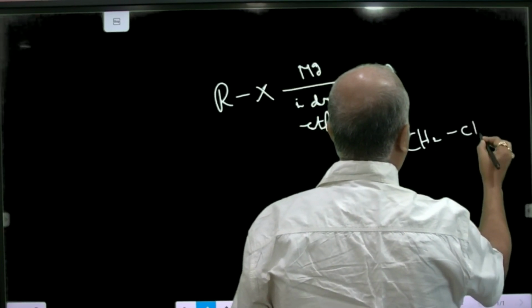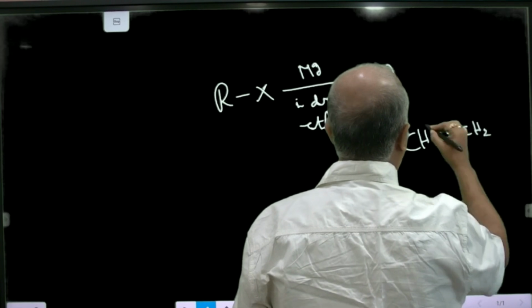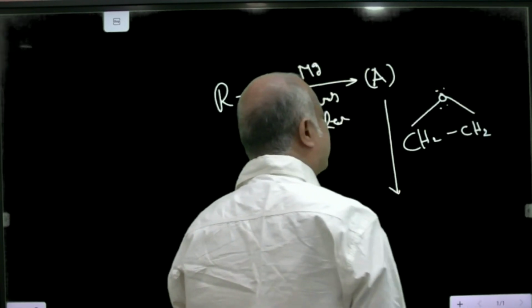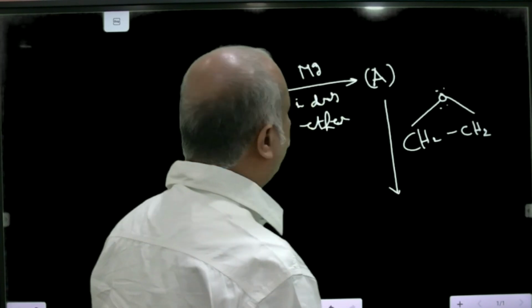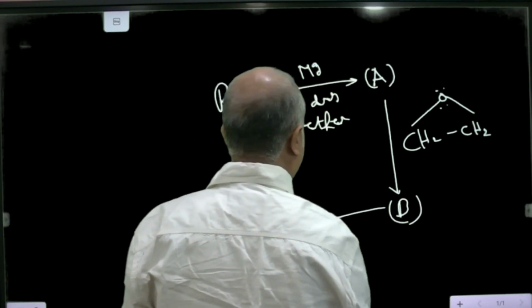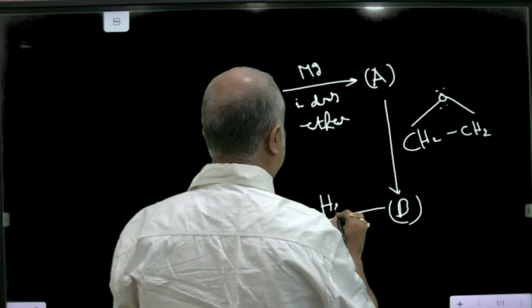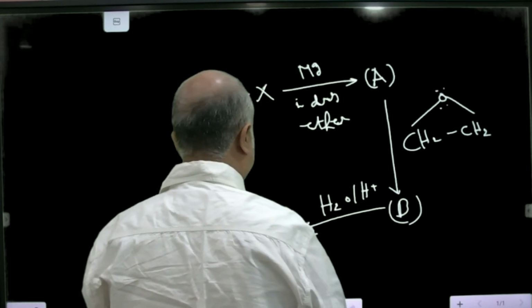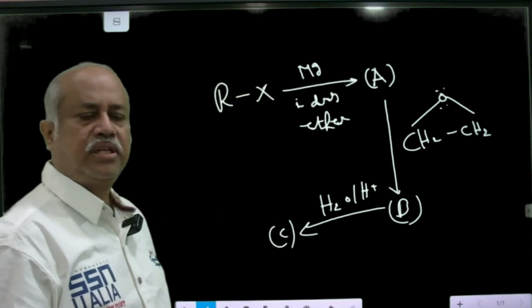Epoxide is called cyclic ether. Ethylene oxide or epoxide, very important question for any competitive examination. Then hydrolysis, identify C. That is the big question.